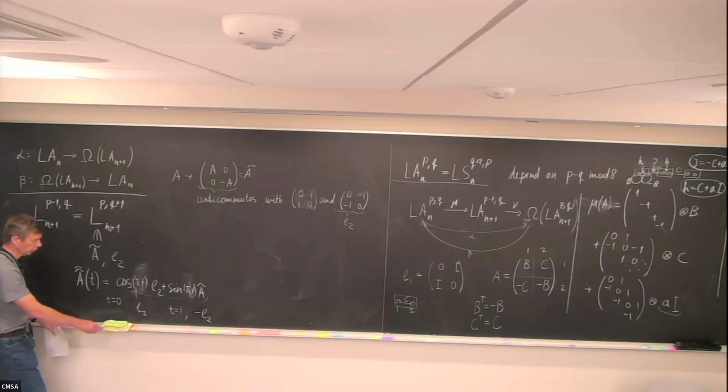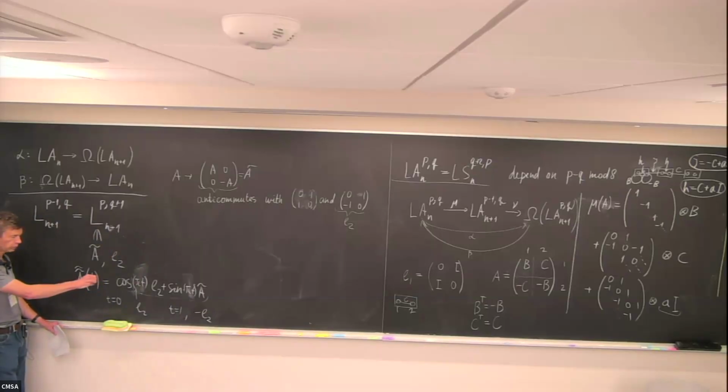E2 is not the special point. We should make a slight modification of this path. We should go from our preferred base point to E2, and at the end we need to go back. But that is just a technical detail.